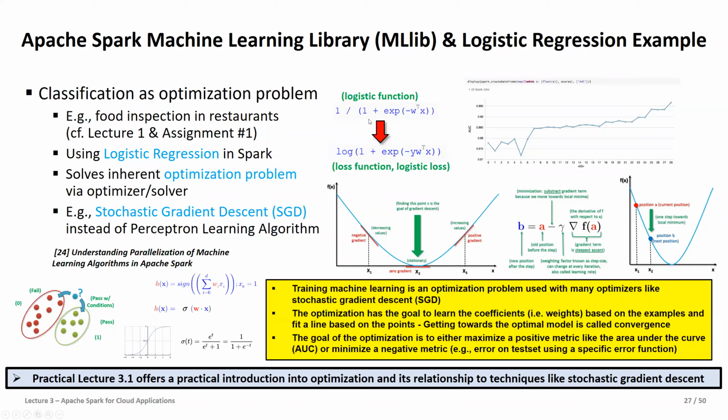You still have the signal you put in, you have your x, and it squashes everything between 0 and 1. This gives you an interesting way of computing the class, of saying whether it is either 1 or 0.